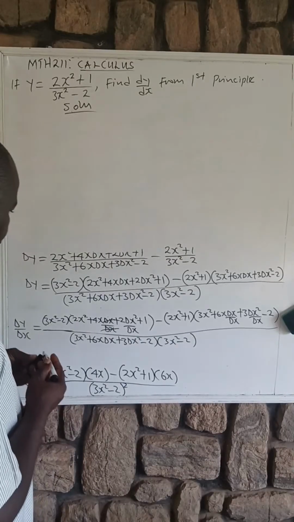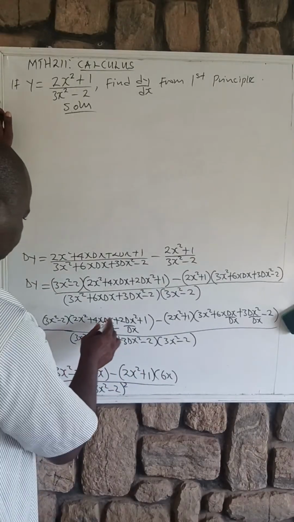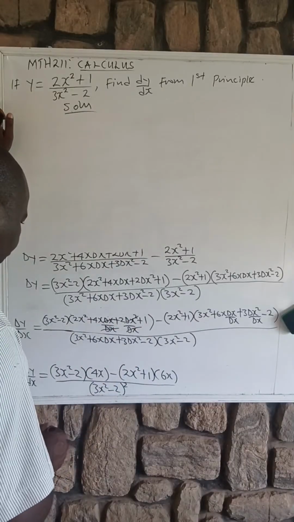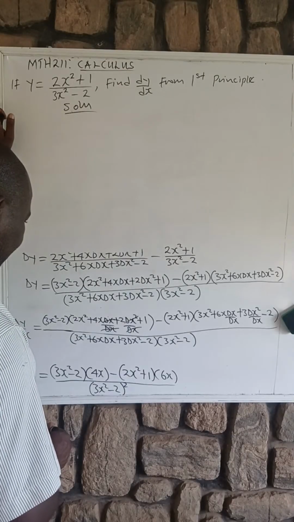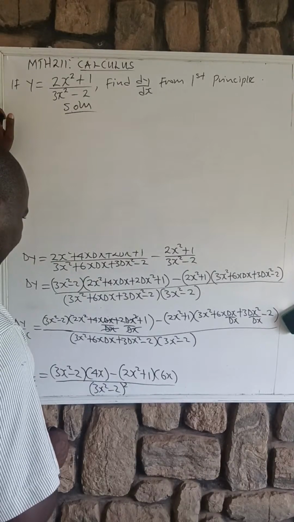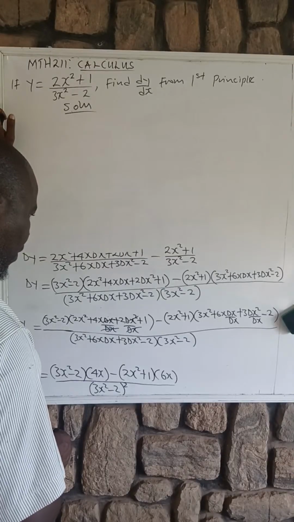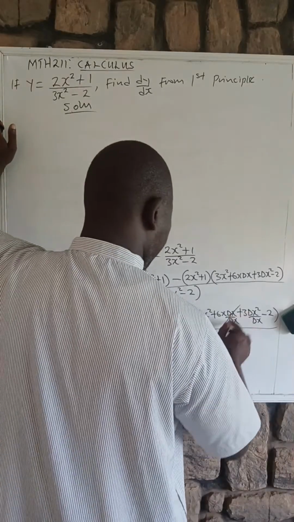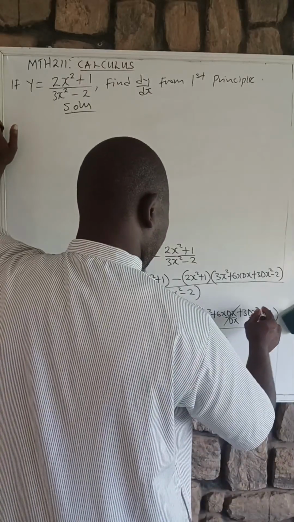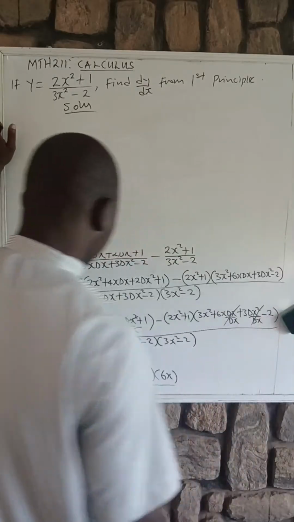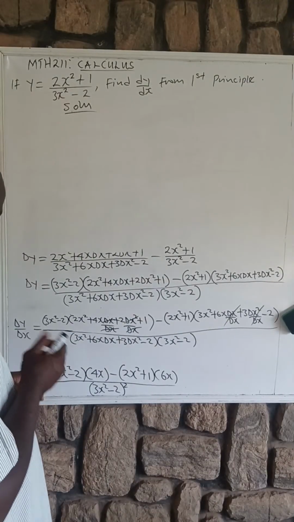Okay, let's look at it together. This and this cancel, this and this will cancel, right? Okay. Then this and this will cancel, right? Okay.